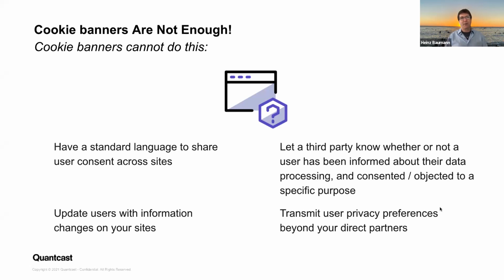Typically, stronger regulations demand a certain way to disclose the information to the user. Information needs to be passed along to third parties, knowing whether or not a user has been informed about the data processing and whether they gave consent or objected to it. And we need to transmit that user privacy preference beyond your direct partners. A cookie banner cannot do this. That's why CMPs, consent management platforms, were created.